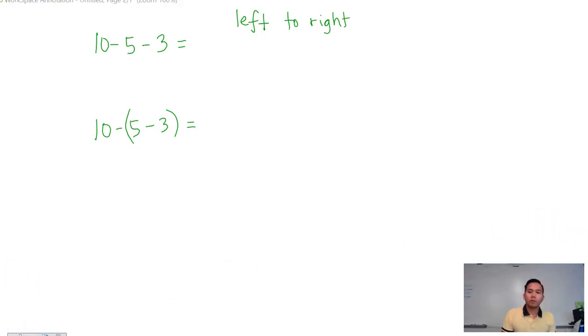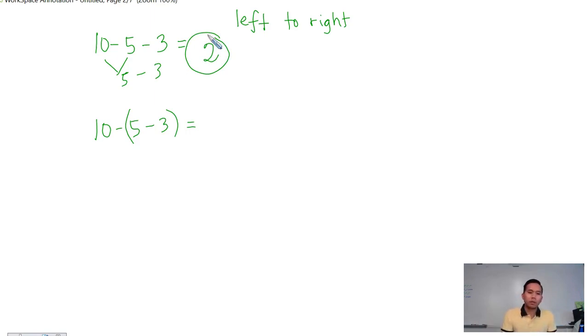That is one of the general conventions or agreements. So the answer here would be 10 minus 5, which gives us 5. And then minus 3 will give us 2 as the answer, by applying the first agreement, which is if you have the same operation, we start from left to right.